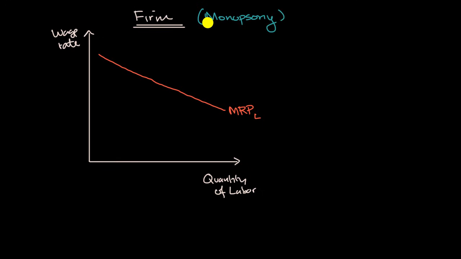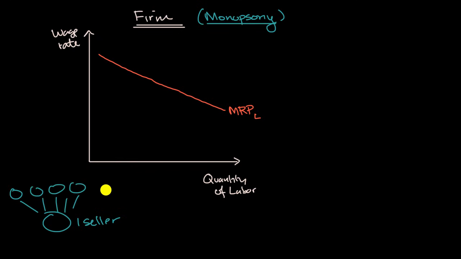Now, what does a monopsony mean? Well, you can almost view it as the reverse of what a monopoly is. A monopoly is when you have one seller and many buyers. So that is a monopoly.